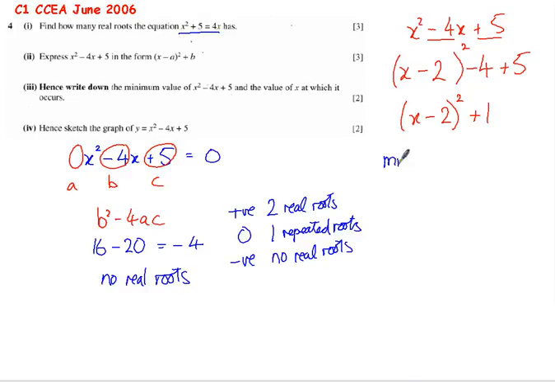So the minimum value will occur when x equals 2, in other words, when the bracket is 0. And the minimum value will be 0 plus 1, which is 1.